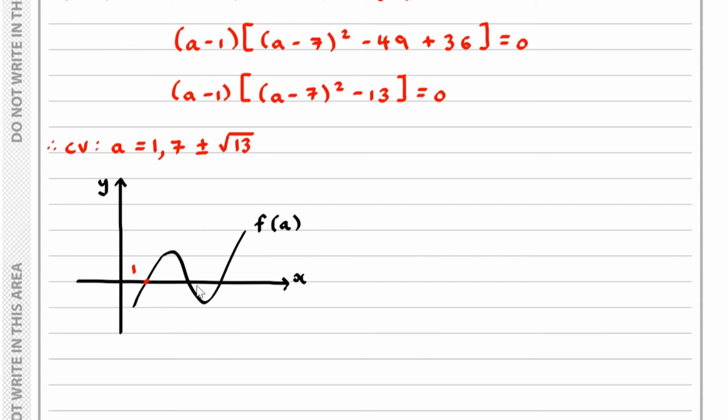Here I'd have 1, here I would have 7 minus root 13, and here I would have 7 plus root 13. And therefore, what we need to do is find out where the graph is greater than 0, and it's greater than 0 here and in between here.